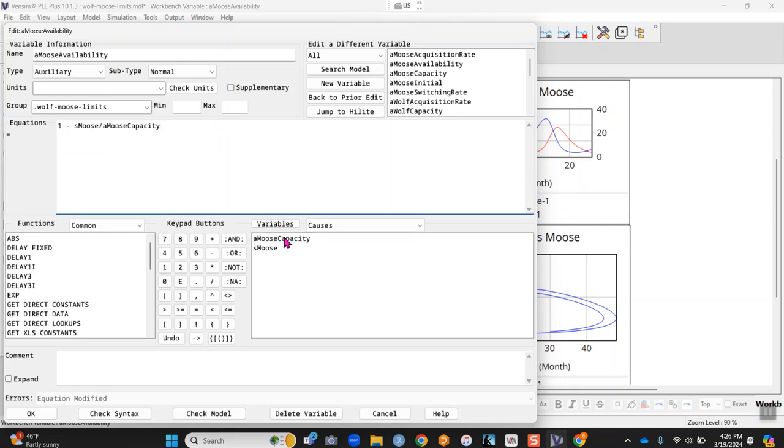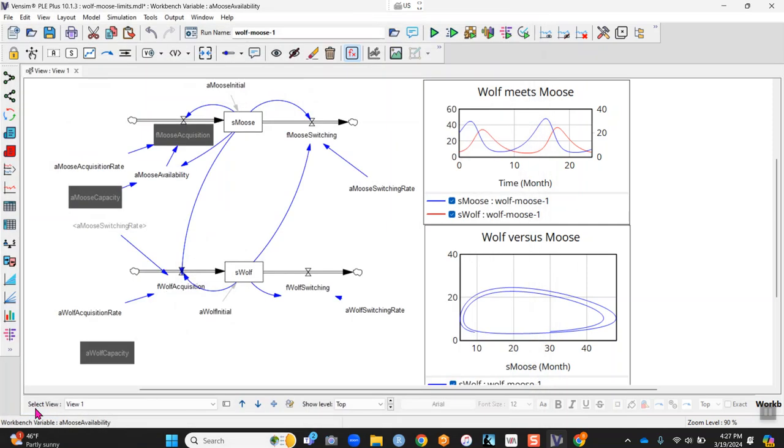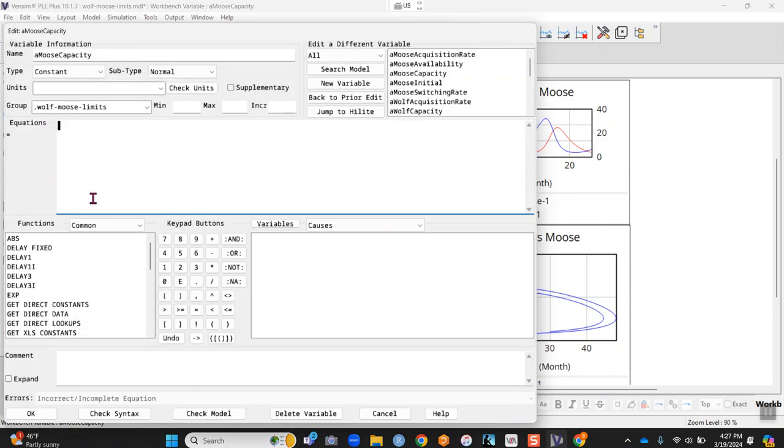And as we papered and penciled it, if we had 20 moose and capacity of 100, 1 minus 20 divided by 100 would give us 1 minus 0.2, or 0.8. So we can see that that 0.8 is going to feature in terms of that. Okay, now what's it going to feature? It's going to be featured inside of the flow itself. Let's set this at 100 for the moment.